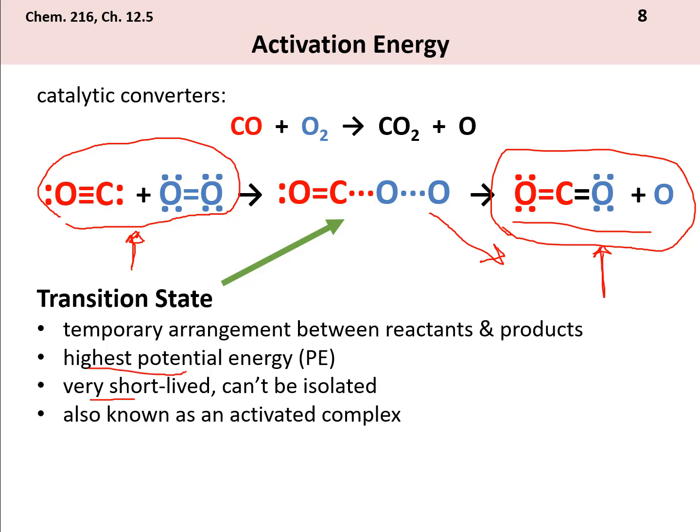That means it's very short-lived, right? Usually, we couldn't ever see this compound here, right? We can see these compounds here, and we can collect them in cylinders, etc., but we could never have this compound, this transition state. Sometimes it's called the activated complex, so if you ever see that, they're the same thing.